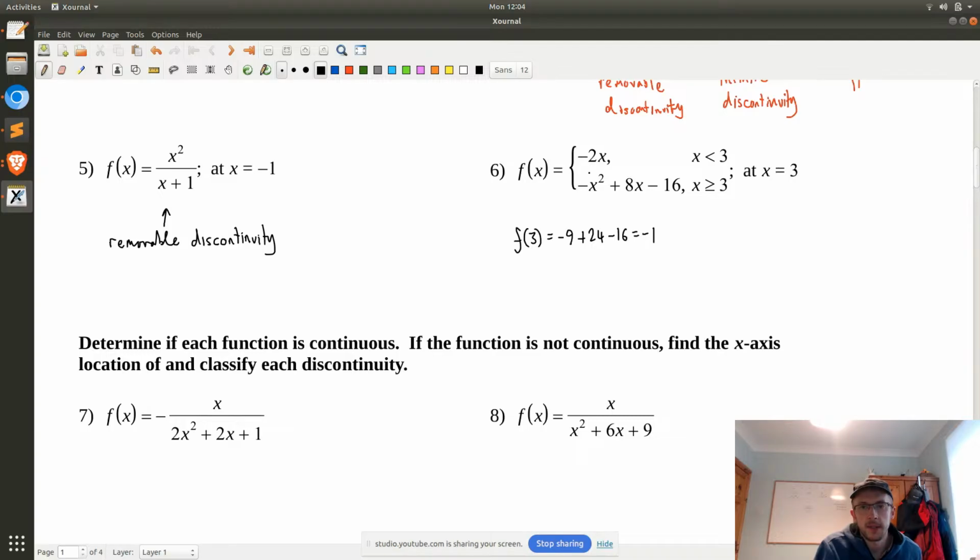So it's gone from negative 6 to negative 1. That's what my function has done. And as it's negative 2x, it will come down like that. And as it's negative x squared at 8x, it takes 16, it will branch out like that. That's sort of the behavior near this point of 3. And so this is a jump discontinuity.